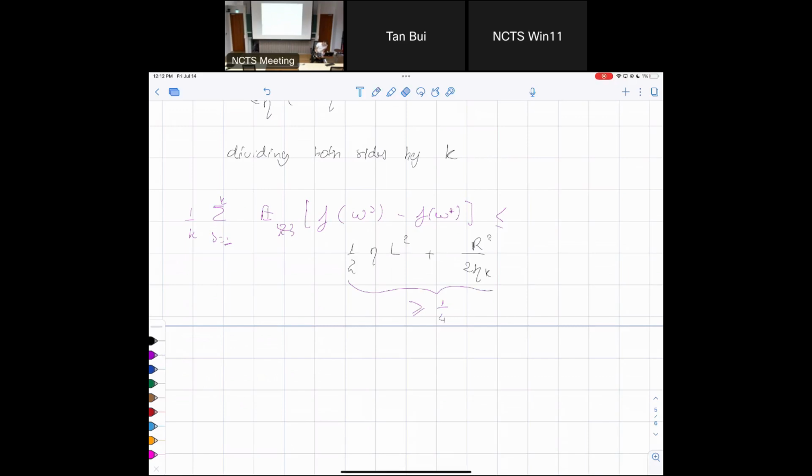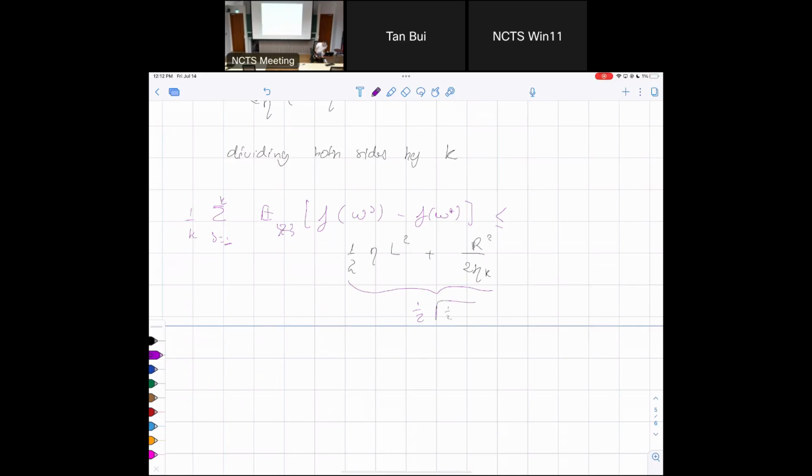Actually, here, this is greater than or equal to 1/2, right? 1/2 of square root, or 1/2 AB. Okay, so A plus B is greater than or equal to 1/2 of square root AB, right?